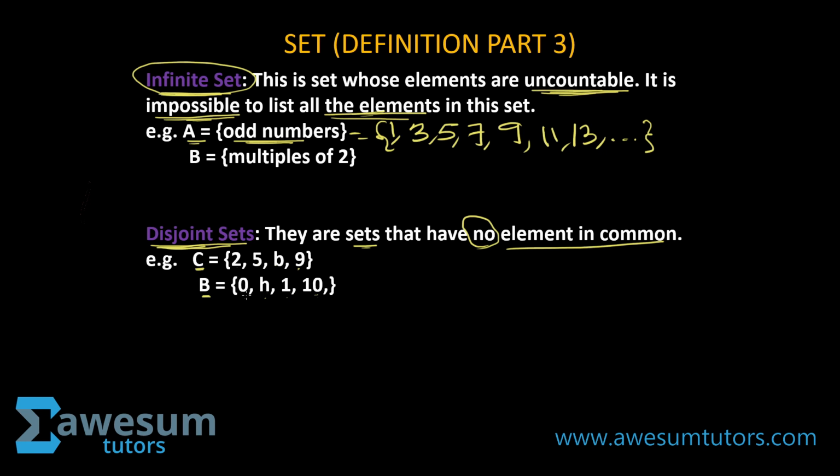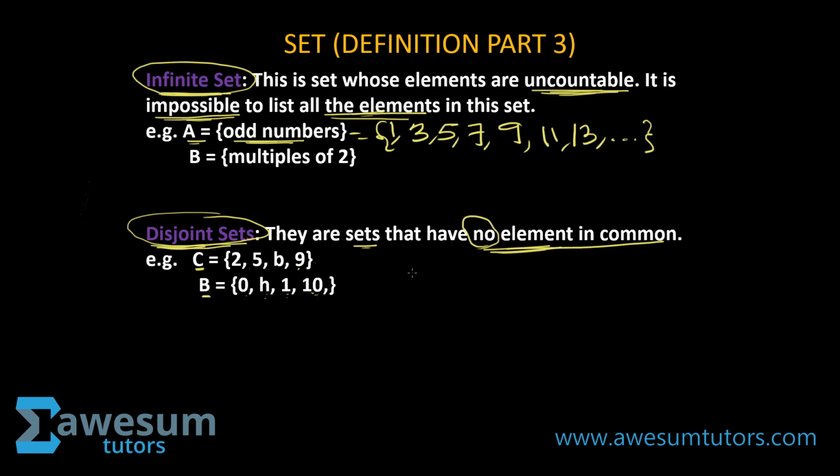There is a 0 here, no 0 here. There is an H here, no H here. There is a 1 here, no 1 here. There is a 10 here, no 10 here. So these have no element in common, which makes B and C disjoint sets.